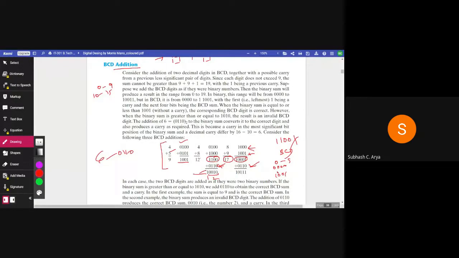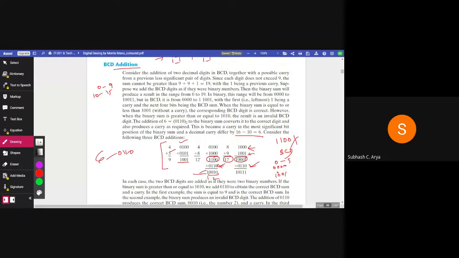But this is not a correct representation of BCD. There should be some mechanism. The mechanism is that we add 6. And why 6? Because these 6 were not defined. So we add 6 here in 12, and after addition you will get the answer in correct BCD representation.